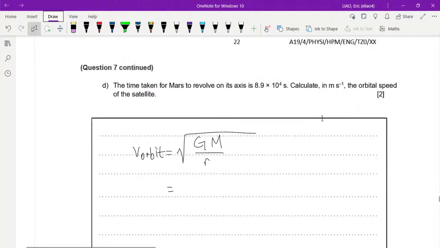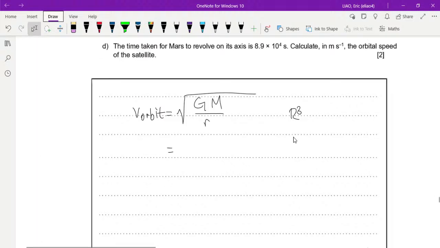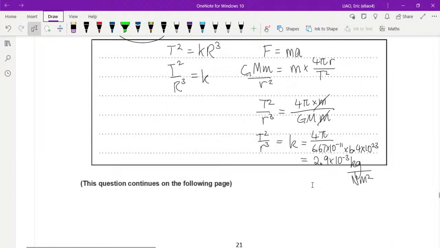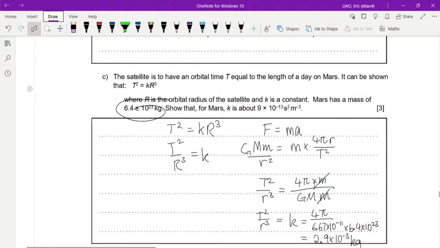We will need to. Is it equal to T squared over K?